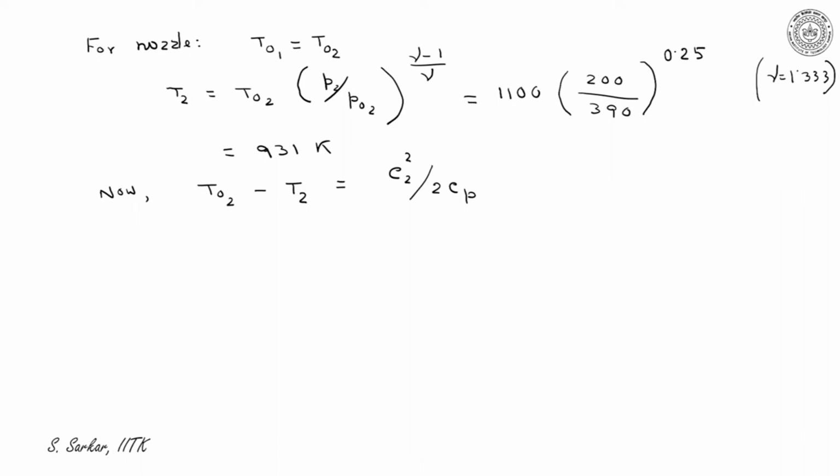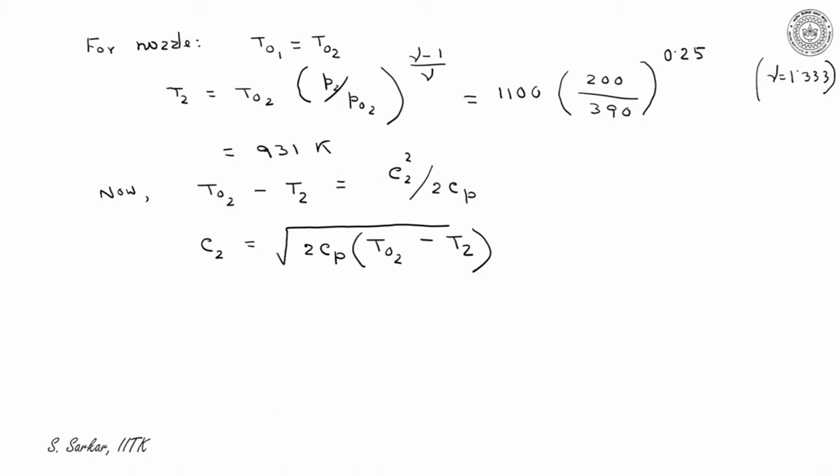From this relation, I can write C2 equals square root of twice Cp into T02 minus T2.